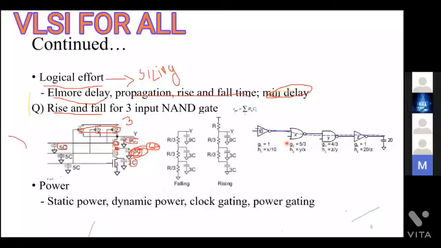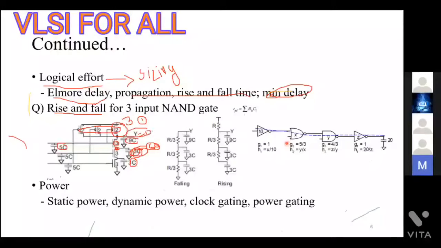Now rise time is related to the PMOS. The PMOS should switch on. Among these 3 PMOS, if any one of the PMOS is on, then the output will become 1. So this corresponds to the rise time.